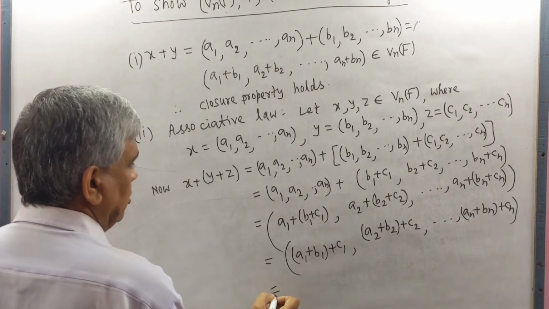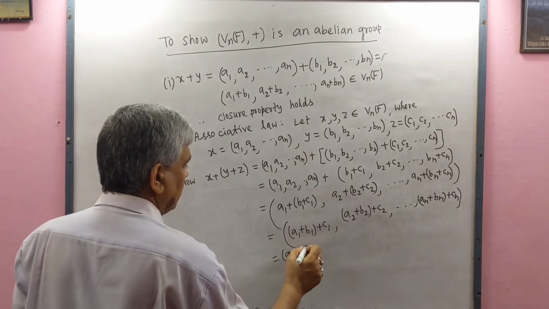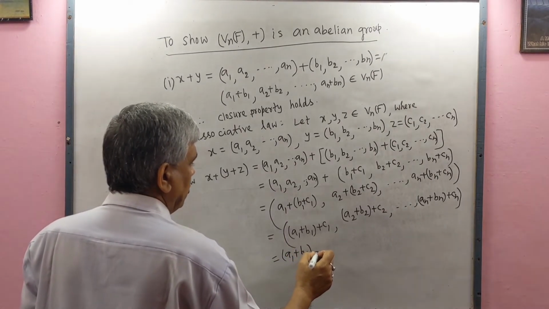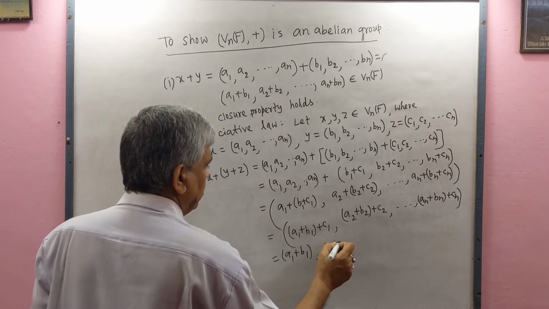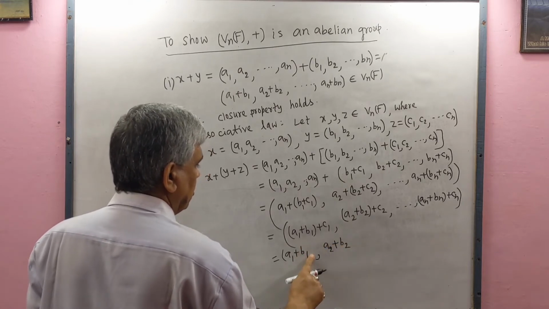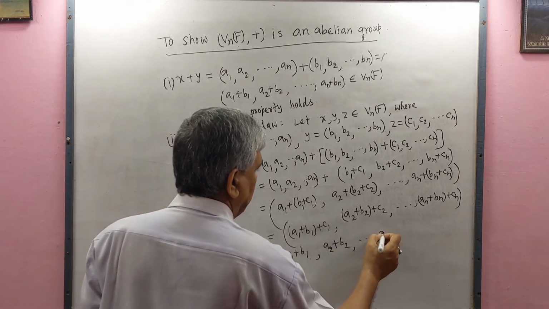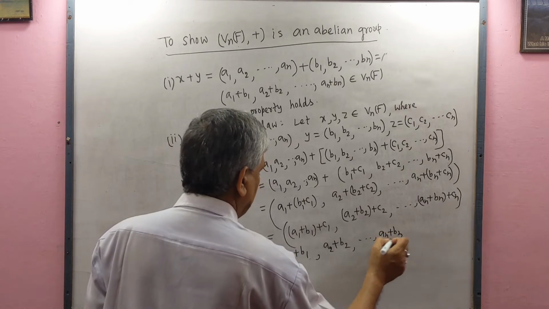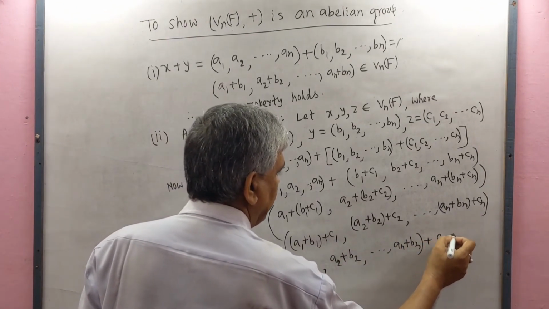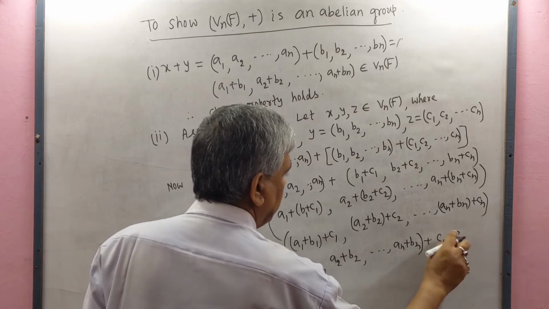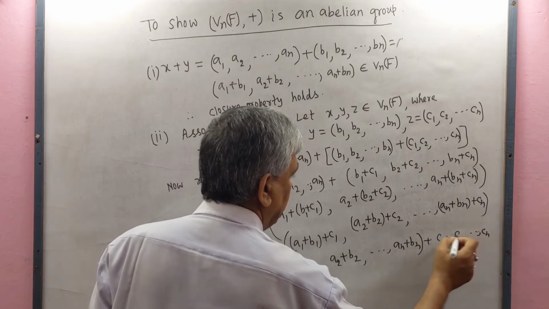This is equal to (a1 plus b1, a2 plus b2, ..., an plus bn) plus (c1, c2, ..., cn).